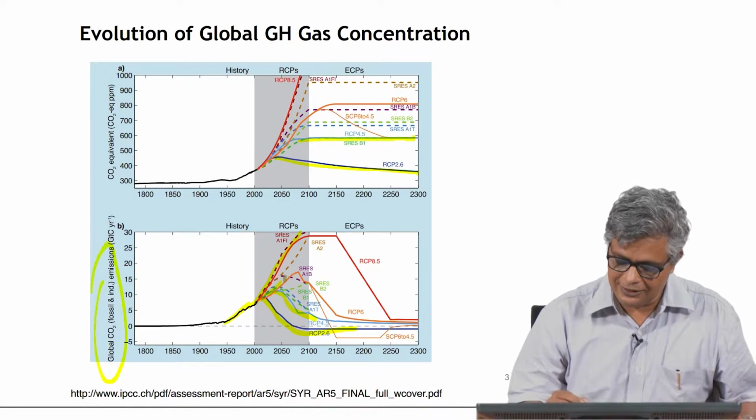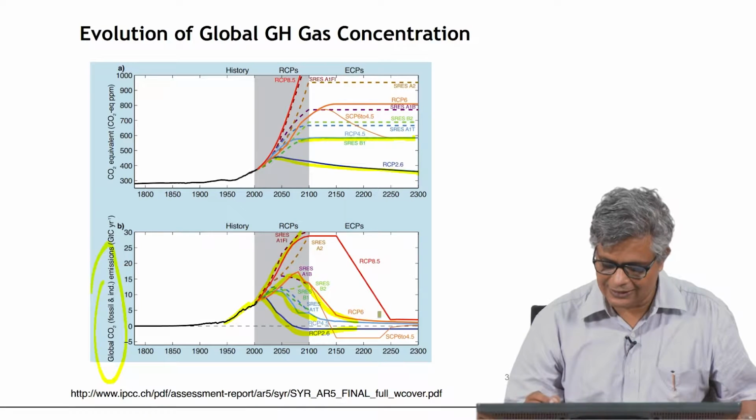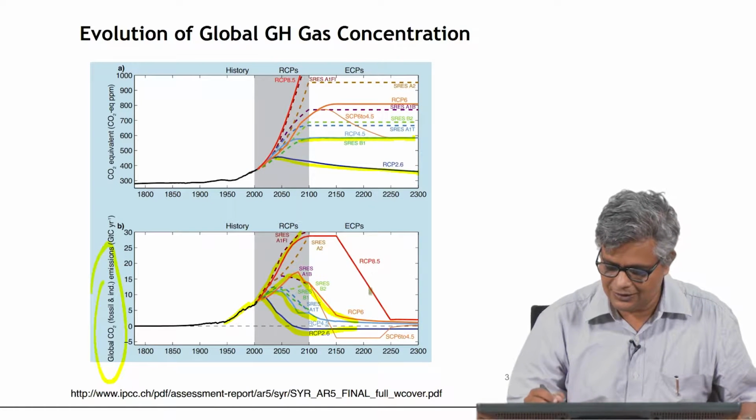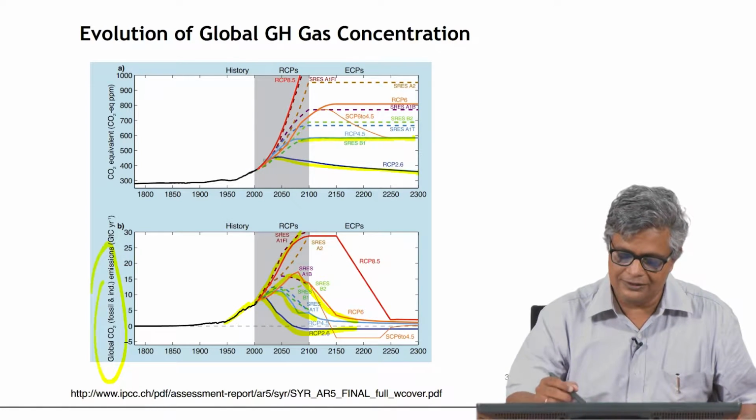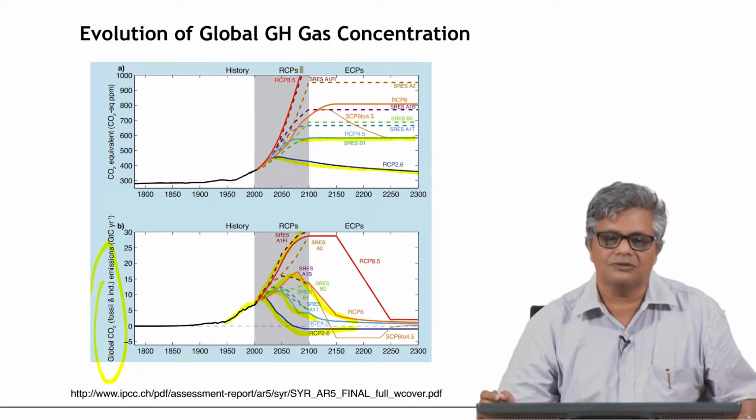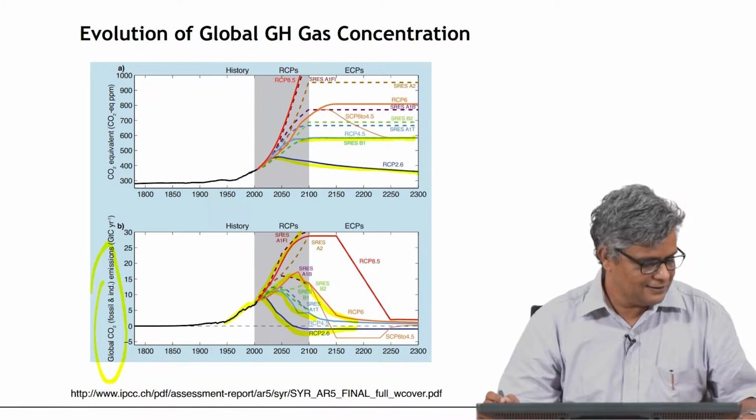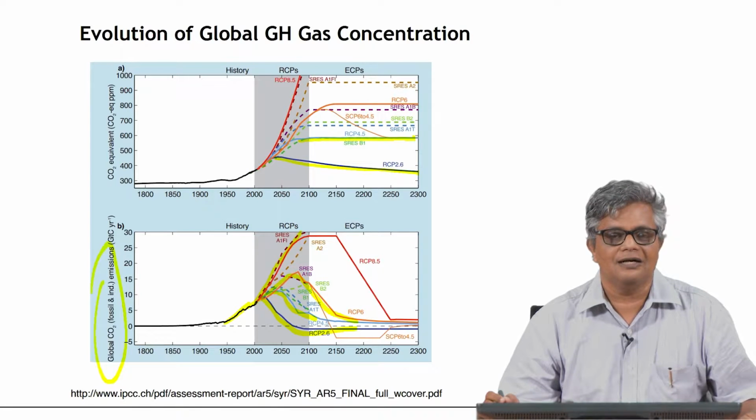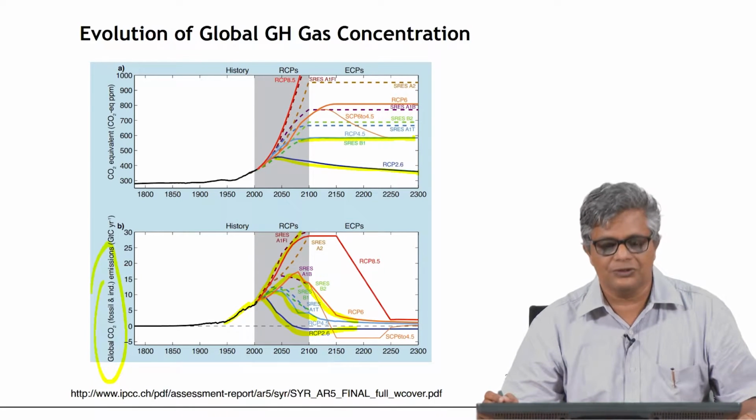And if we delay this further and further, as in RCP 6 and RCP 8.5, you can see the level of carbon dioxide going up to 1000 ppm or higher, and this imposes a fairly strong radiative forcing.